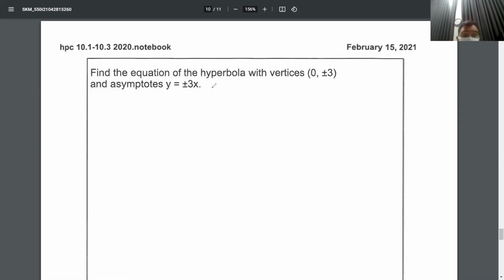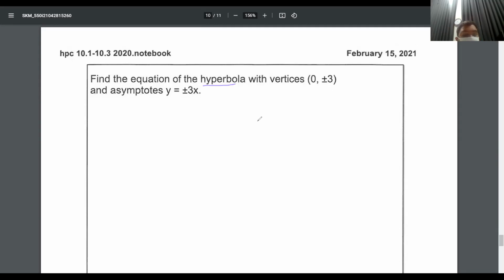All right. Find the equation of a hyperbola with vertices (0, plus or minus 3) and asymptotes y equals plus or minus 3x. First, let's do what we can do easily, which is the vertices.